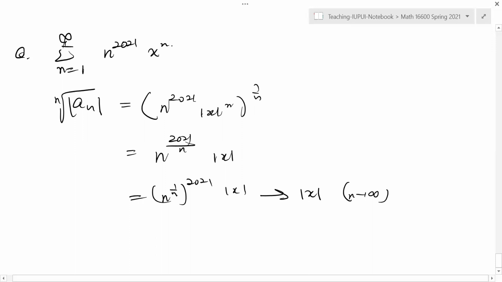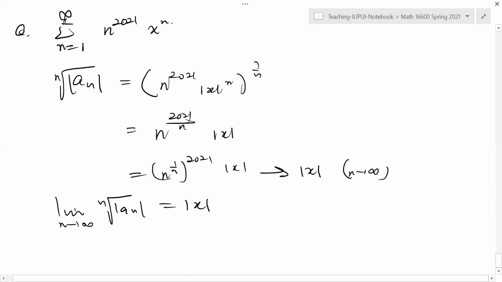So that means the limit is going to be absolute x. So you know what the radius of convergence is.